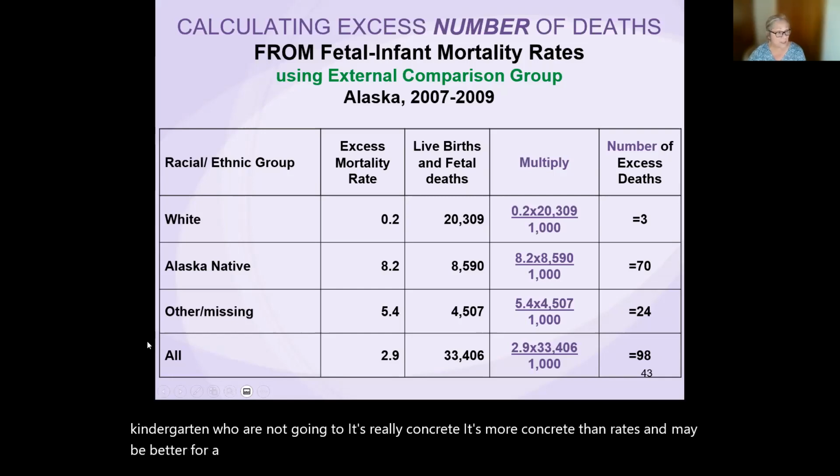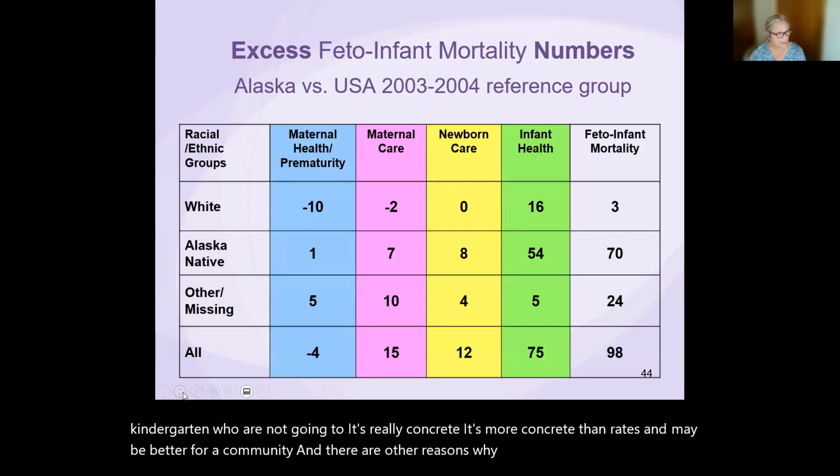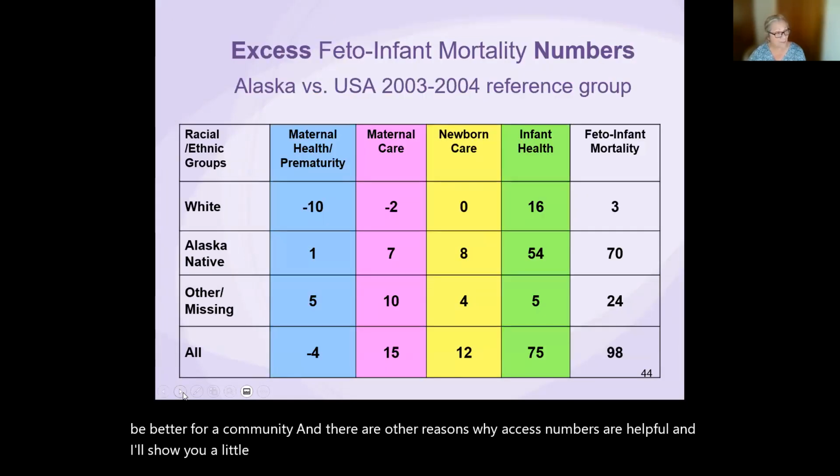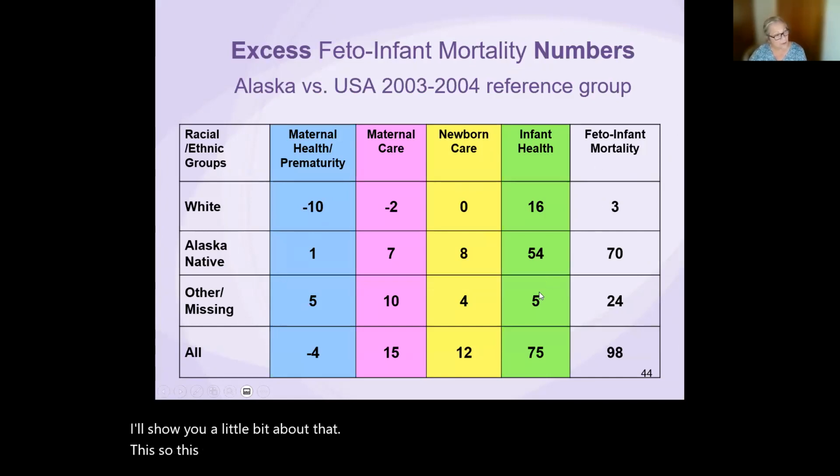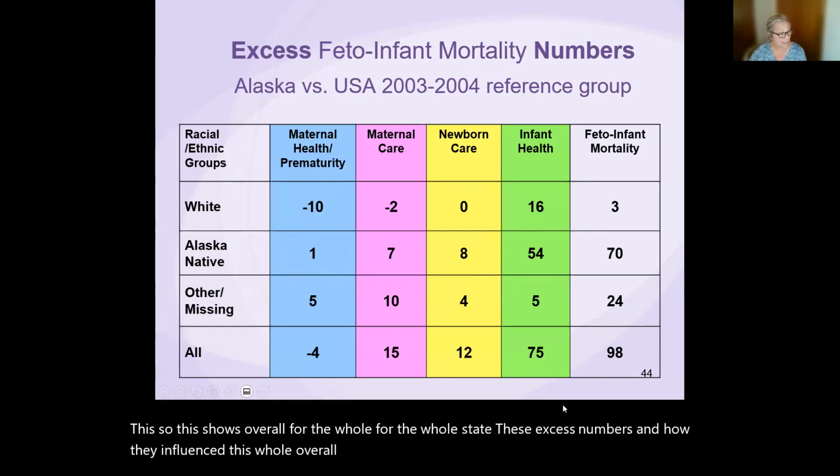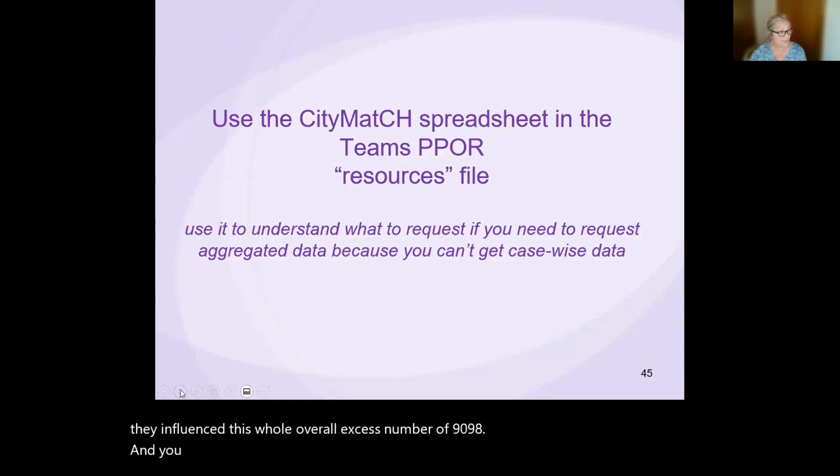And there are other reasons why excess numbers are helpful. I'll show you a little bit about that. This shows overall for the whole state, these excess numbers and how they influence this whole overall excess number of 98. And you can't do that with rates.